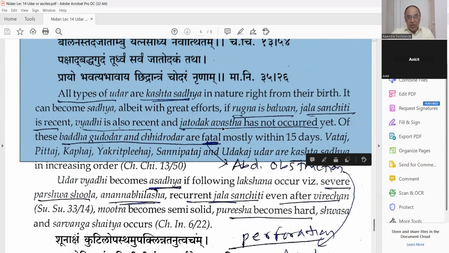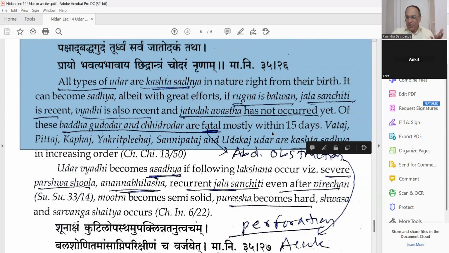Then the Jatodaka Avastha has not occurred yet, only the Pichalavastha or Ajatodaka Avastha. Of these, Baddha Gudodar we can control. But when there is Baddha Gudodar or Chidrodar, it is fatal, an emergency, okay? Then the patient mostly dies, Ayurveda says, within 15 days.